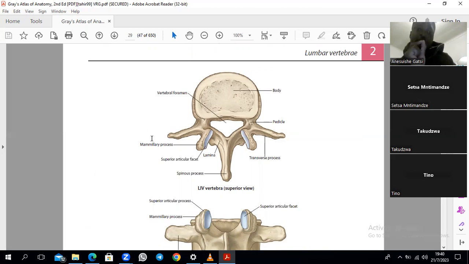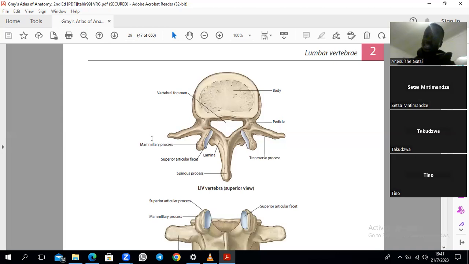So the body of a lumbar vertebra is going to be kidney-shaped. It's the same thing to say kidney, bean, or reniform. So it's kidney-shaped, or you can say bean-shaped, or reniform-shaped, right?